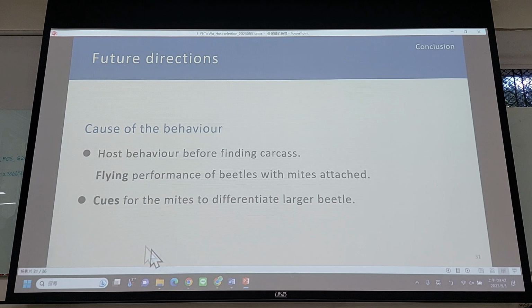And the cues for the mice to differentiate the larger beetle might be important too. Maybe it's the gases the beetle emits, maybe it's the visual information, or maybe it's the movement they make to let the mice choose the host.